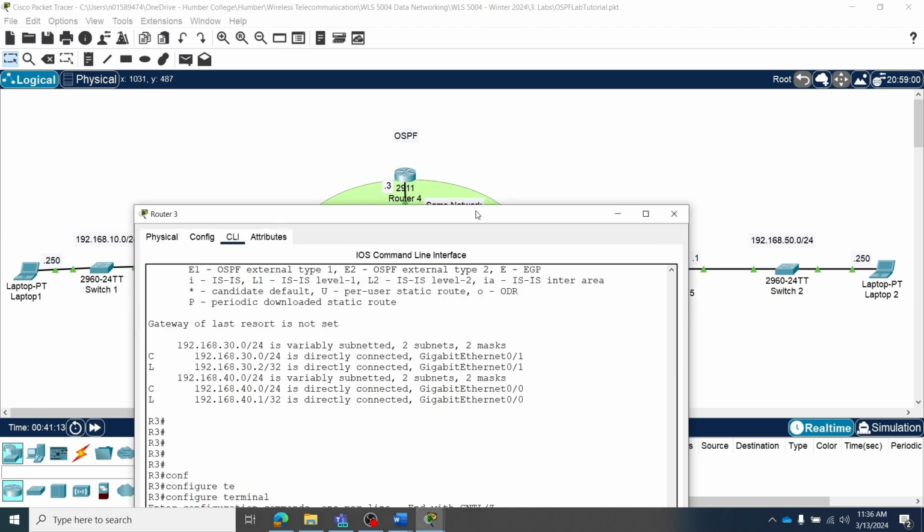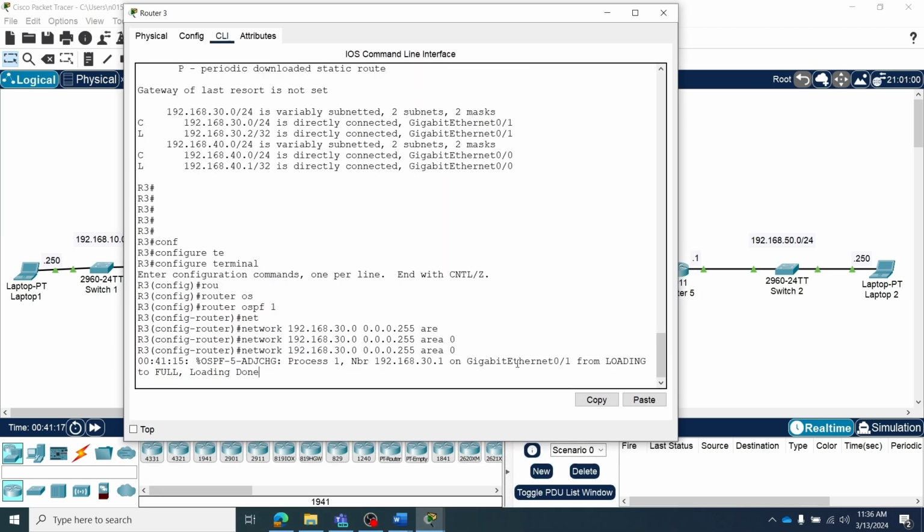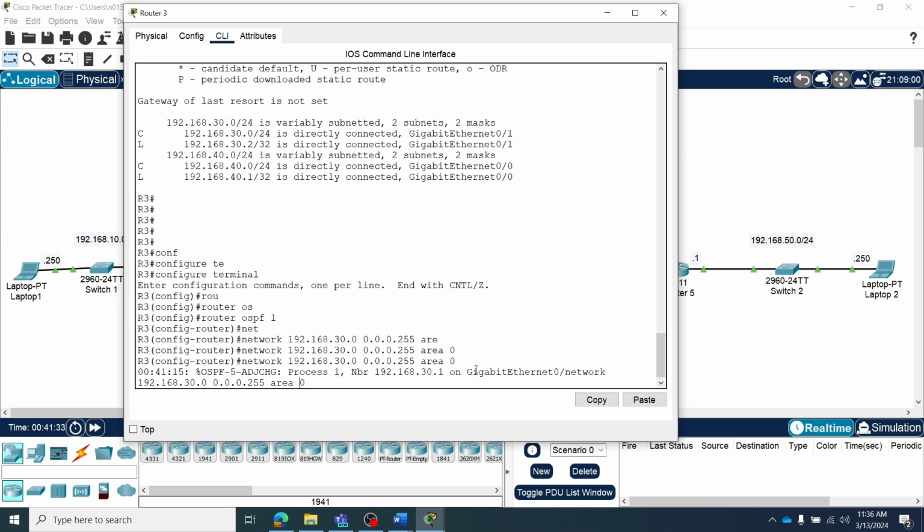So now we add the 40 network, with wildcard 0.0.0.255.